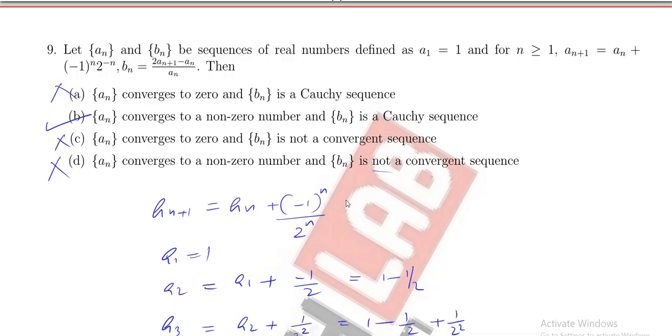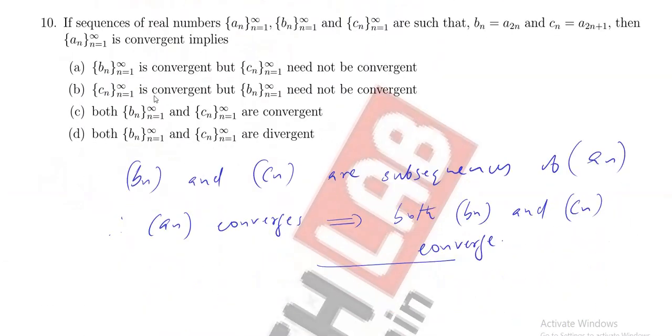Well, the last problem, question number 10. Three sequences are given, an, bn and cn, and it's given that bn is a2n and cn is a2n plus 1. So bn and cn are two subsequences of an, right? The even indexed terms of an form bn and the odd indexed terms of an form cn.